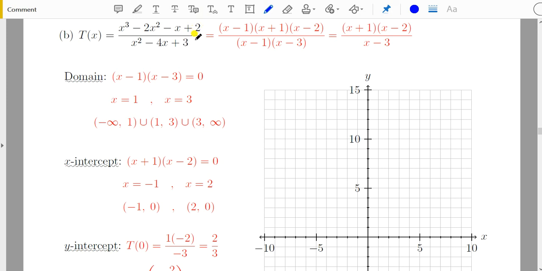So again, the first thing is we have to factor the numerator and the bottom part here in factored form. We can do this by grouping. I can group the first two terms together and the last two terms. Now you can see that I can pull out x squared between the first two terms, and I have x left and -2.